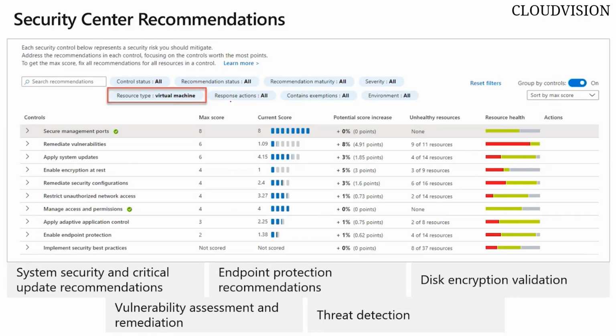Along with that, there are many filters. Using these filters, I can focus on one particular recommendation and improve my score. They try to tell you the progress of the security of your environment, how secure your environment is.